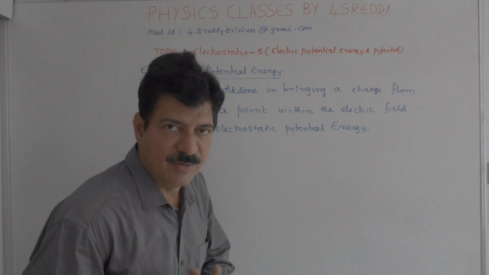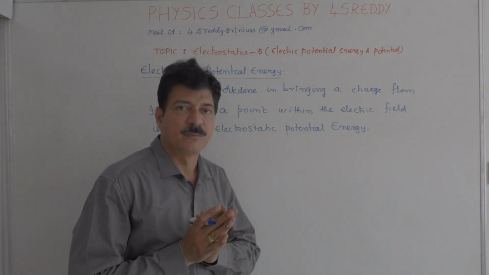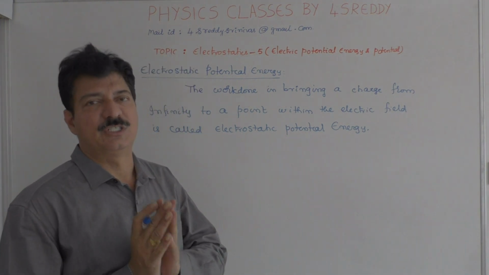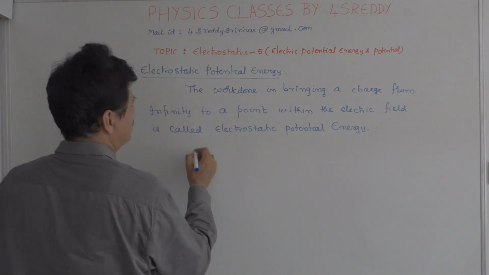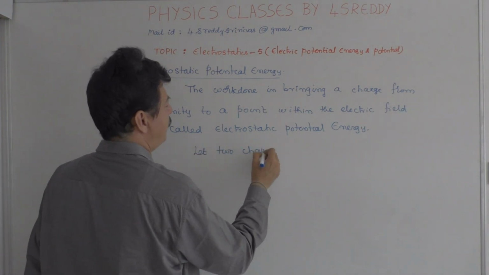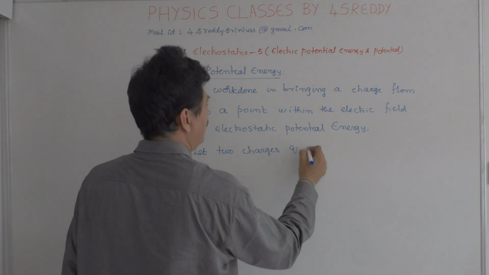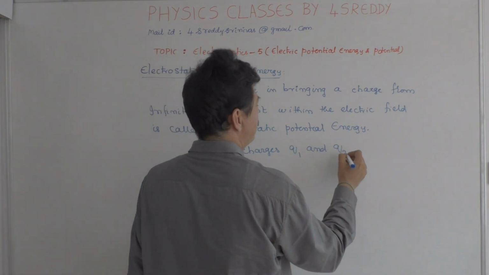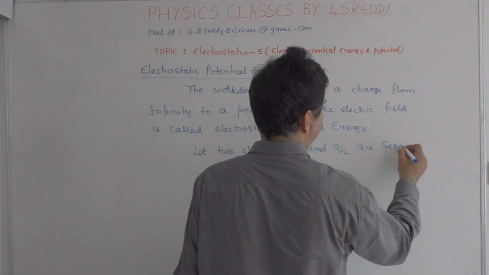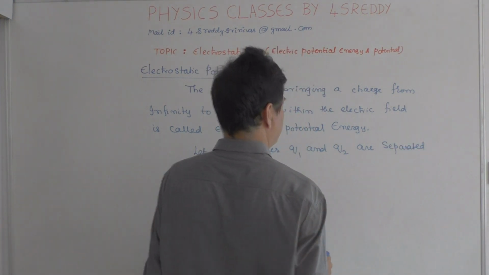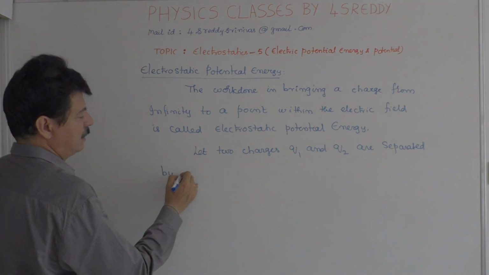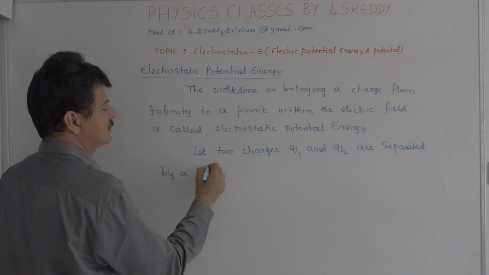Then how can you derive the expression for this electrostatic potential energy for a system of two charges? For that, let us consider two charges Q1 and Q2 separated by a distance x.